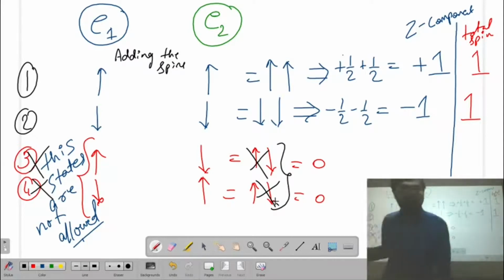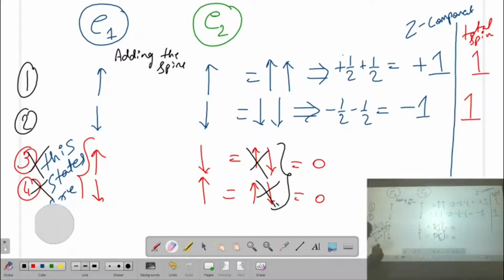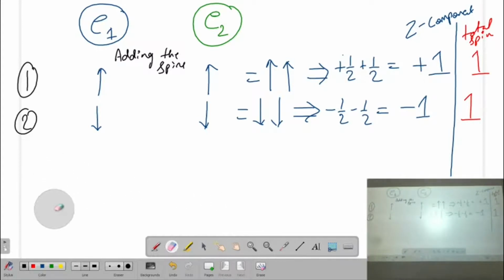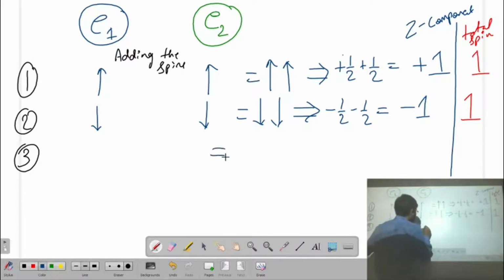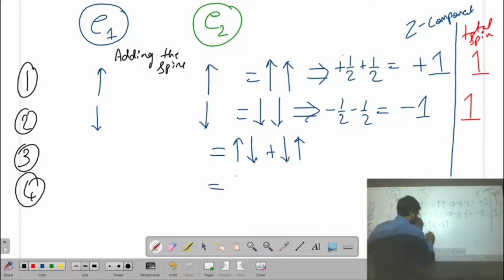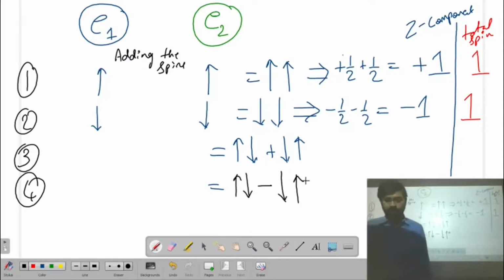Now, the combination of these two states can be written as the total summation equals to plus, and for the fourth state, this is nothing but the combination of states.